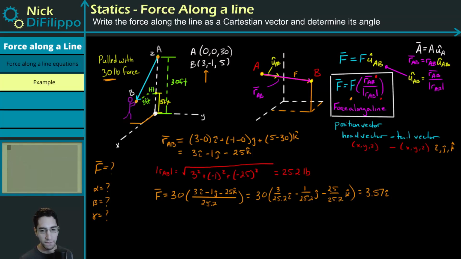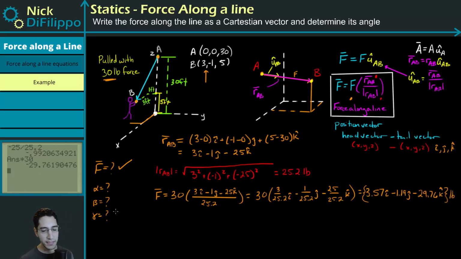And then I'm going to have minus 1 divided by 25.2 times 30, minus 1.19 j. And then minus 25 divided by 25.2 times 30, and that's going to be minus 29.76 k. So this is my force, and I should put some units of pounds on it.